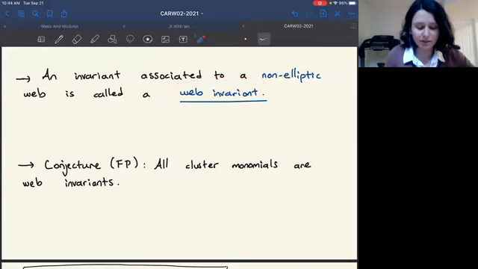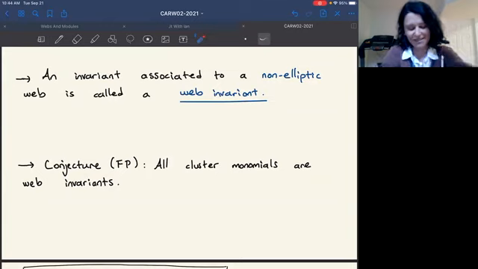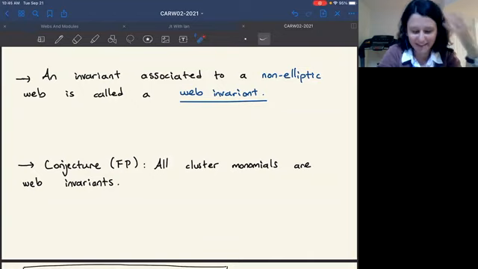As Chris mentioned, Fomin-Pylyavskyy conjecture that all cluster monomials are web invariants. So it is very nice. I don't know if it happens to Chris, but as we discuss in this project, these are all conjectures, but we treat them as true and try to find things.